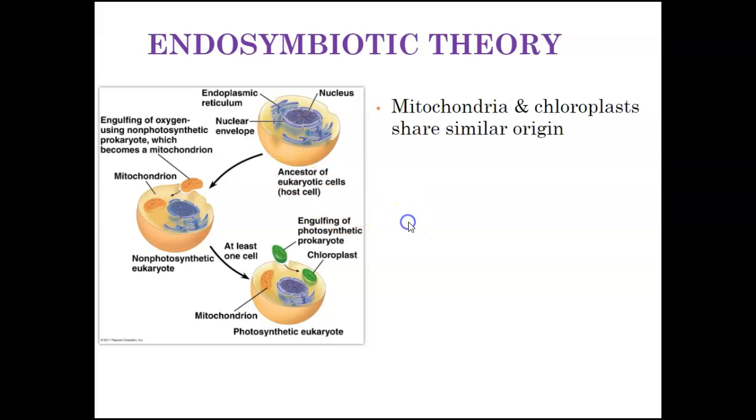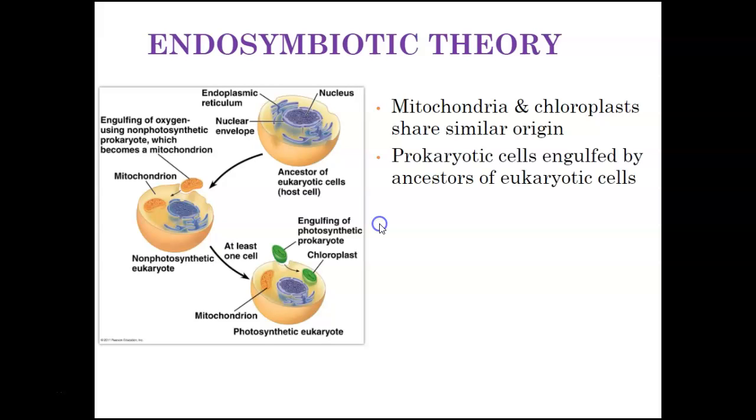What supports this theory? So this is the theory, and here's the evidence. Both the chloroplast and the mitochondrion contain a double membrane.